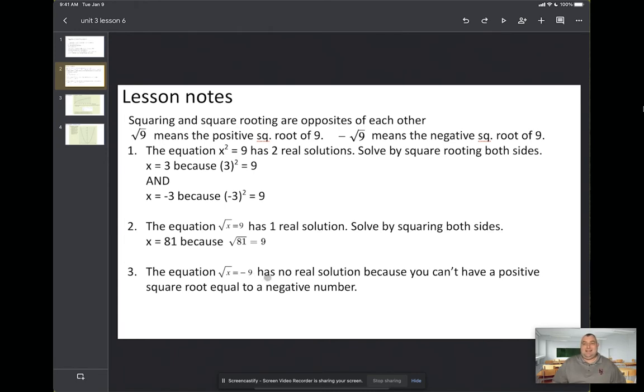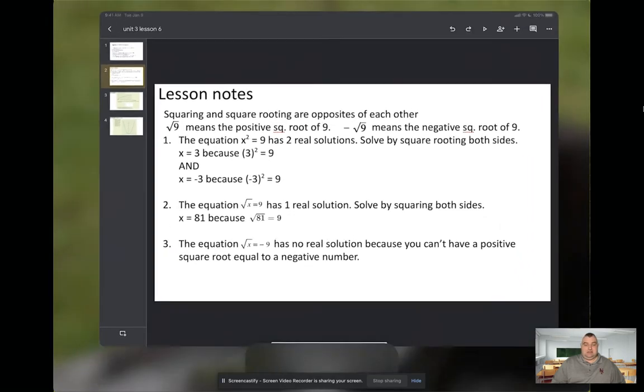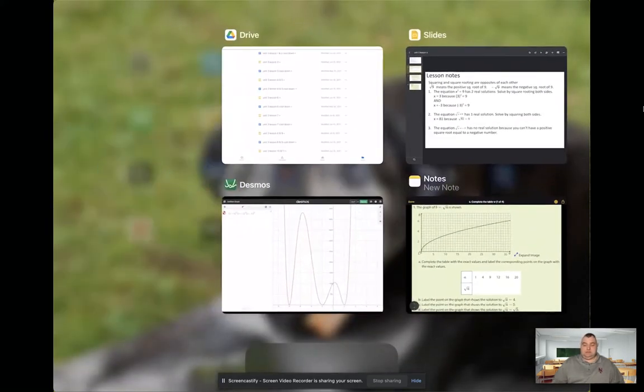That is impossible. A positive square root cannot be equal to a negative number. So in this case, this would have no solution. In fact, if you have the positive square root of x equals any negative number, it's not going to have a real number solution. So with that in mind, let's take a look at the examples for this lesson.